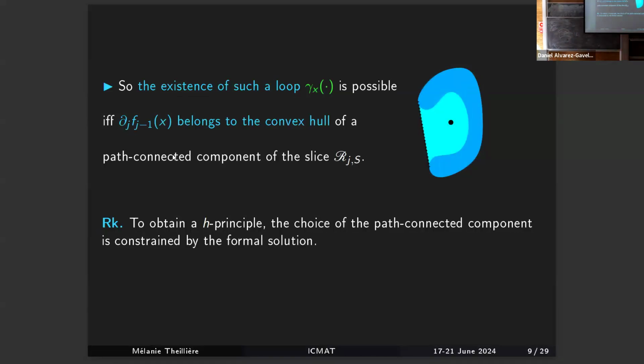And in fact, to obtain an H principle, the choice of the path connected component is constrained by the formal solution. So for example, sorry, I have to write on the board again.